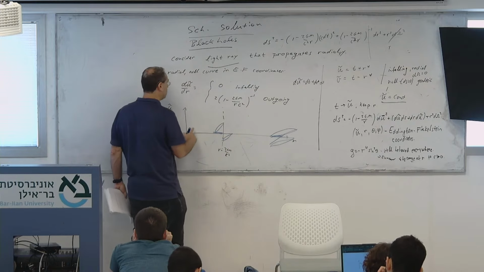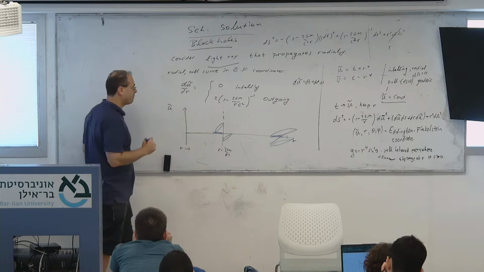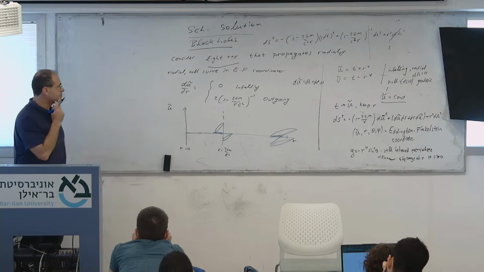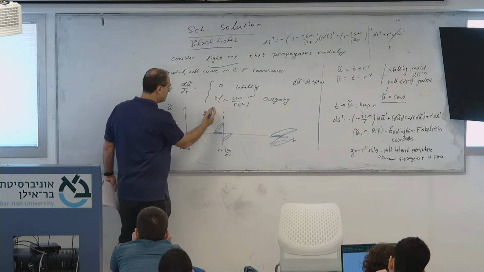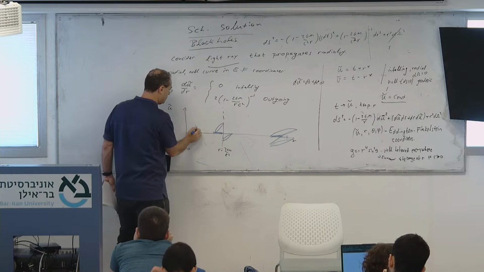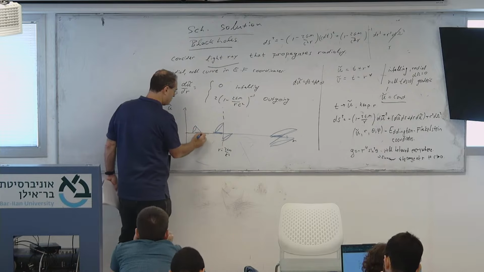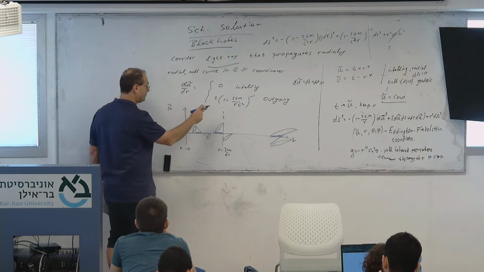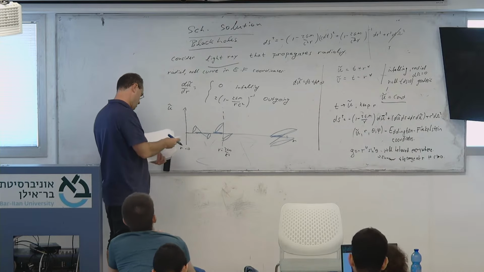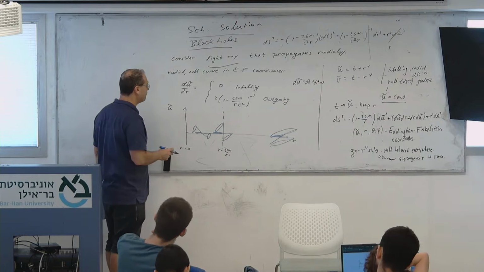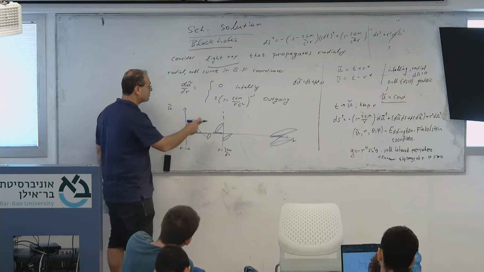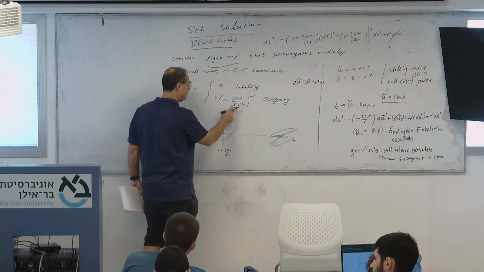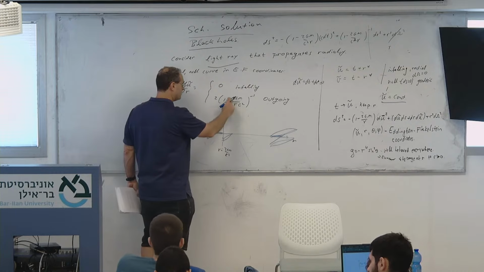And if r is smaller than 2GM over c squared, go somewhere here. Now it will be smaller, right? So it will be something like that. Should it be negative? No, it's outgoing. Let's say it's half. r is smaller than that. So you have 1 minus, minus to minus.